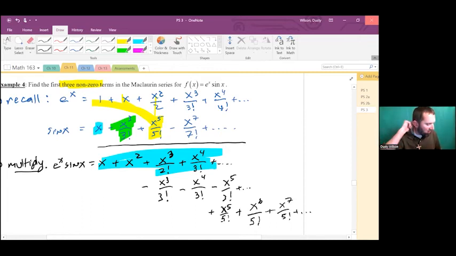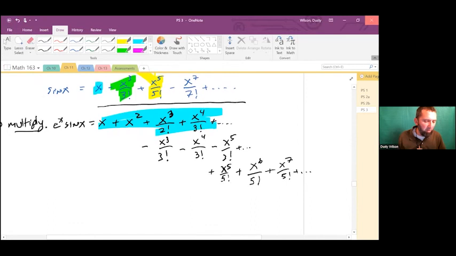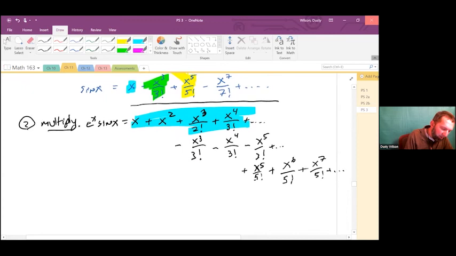The question asked us just to find the first 3 non-zero terms, so we can stop multiplying. Now our third step is going to be to add.